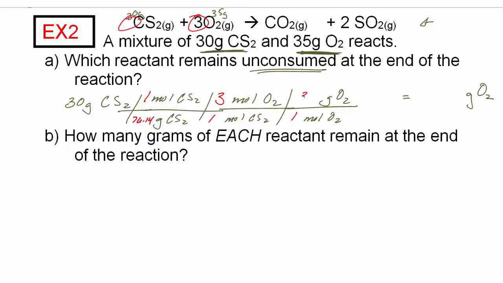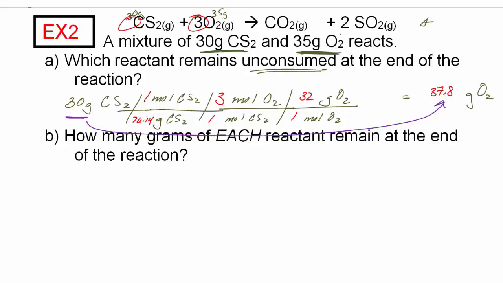And a mole of oxygen, about 32 grams. So 30 divided by 76.14 times 3 times 32, about 37.8. Okay, if 30 react, I need 37.8 grams of oxygen.